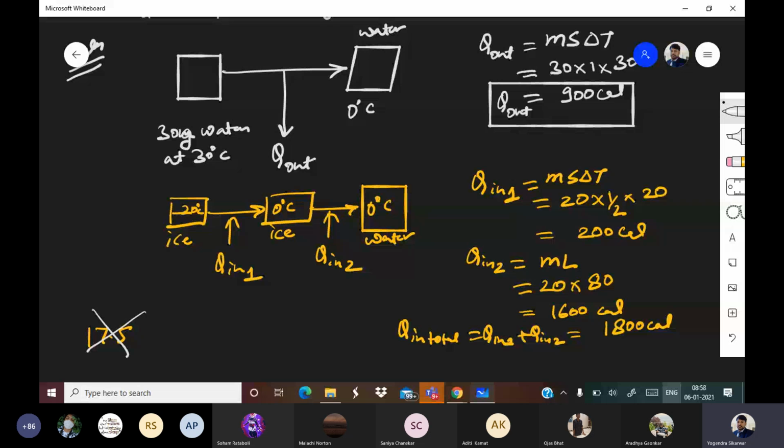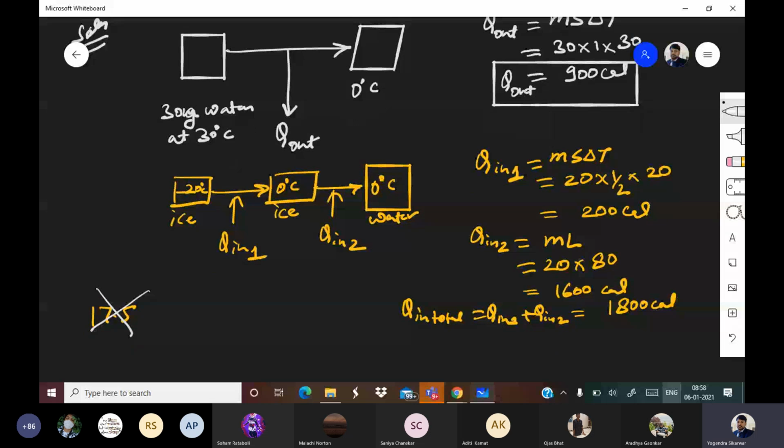Okay. Now let us see how much will be the ice and how much will be the water. Pay attention fully. So try to understand, when the water which was at 30 degree reached 0 degree, it released 900 calories.